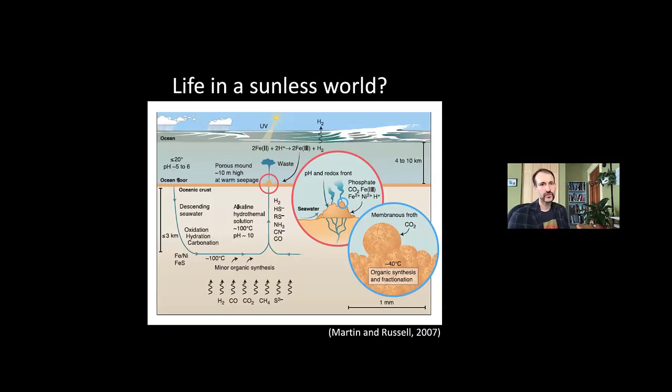Okay, so focusing in on Europa-like conditions a little more, and borrowing from a figure from a paper by this school's first speaker, I believe Mike went first. There are hypotheses about life's origin in low-temperature hydrothermal systems that involve the detailed chemical interactions of water percolating through the seafloor, and those don't necessarily involve the influence of the atmosphere and the sun.